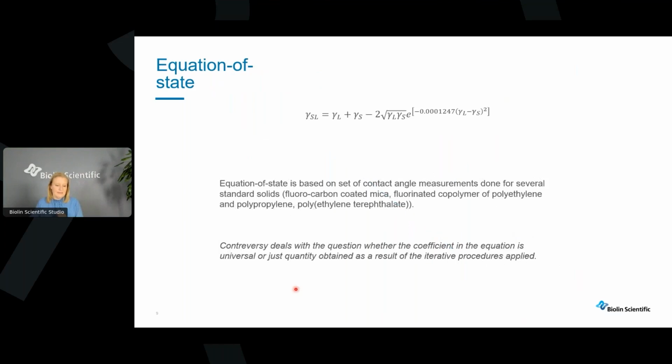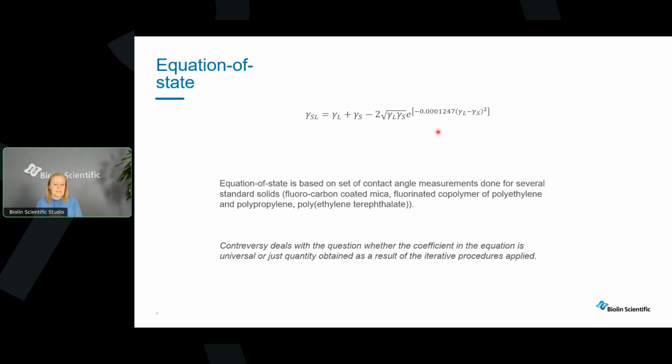Then another method that I'm going to briefly mention is called equation of state, and this is quite a controversial measurement method. This is actually an empirical method, in the sense that the equation of state, and especially this multiplier here, is based on a set of contact angle measurements done on several standard solids.